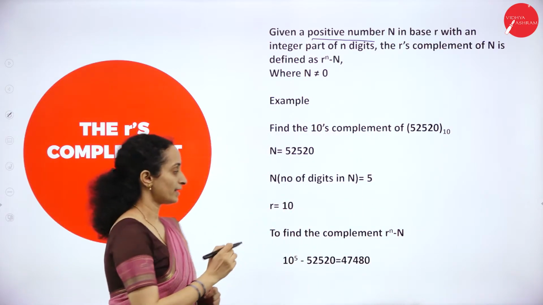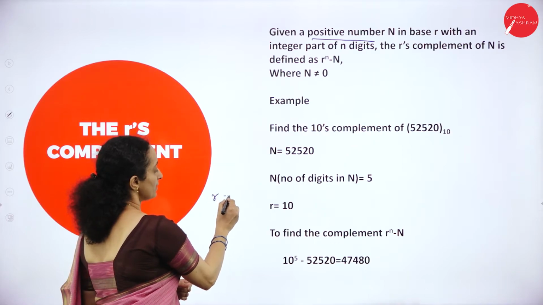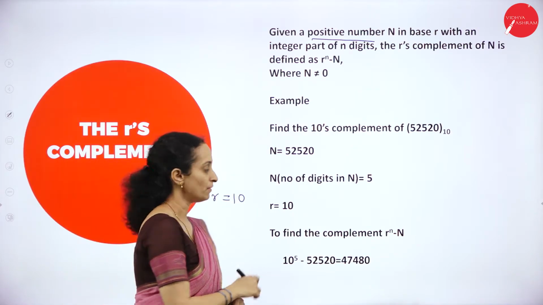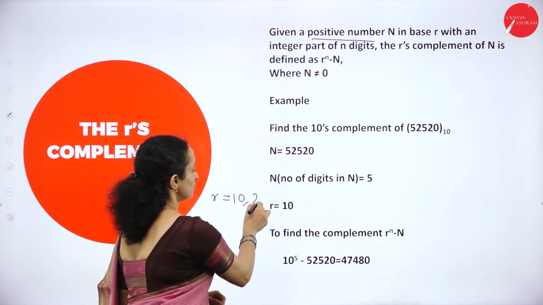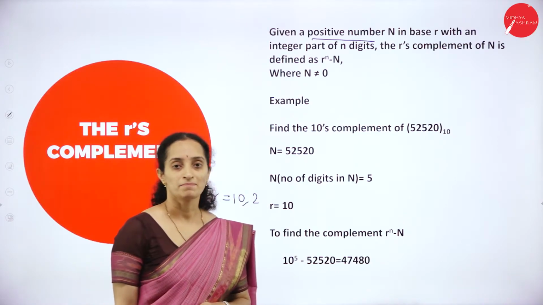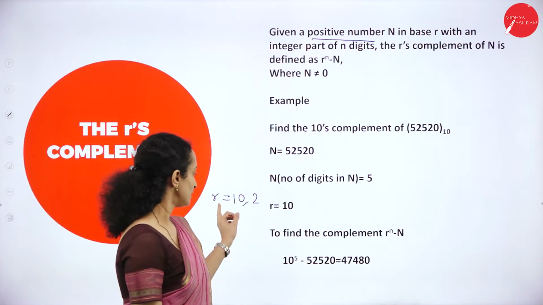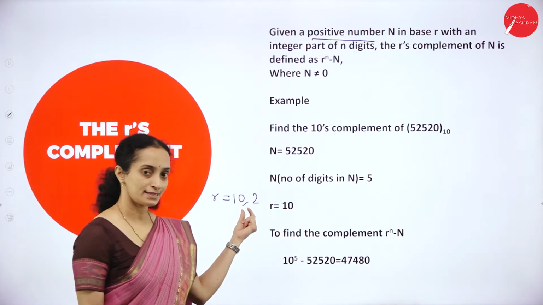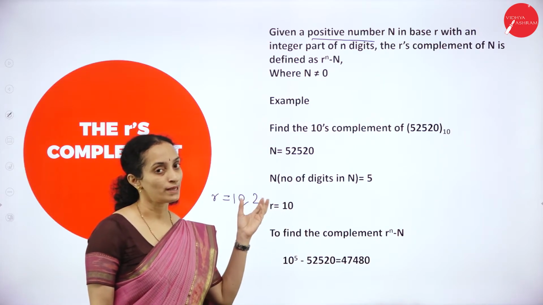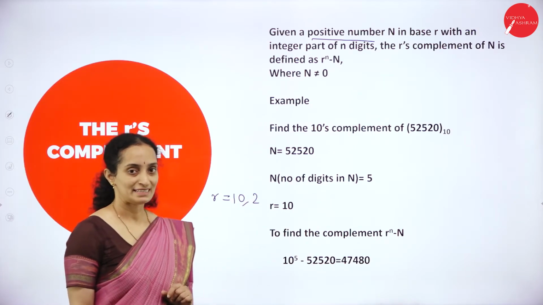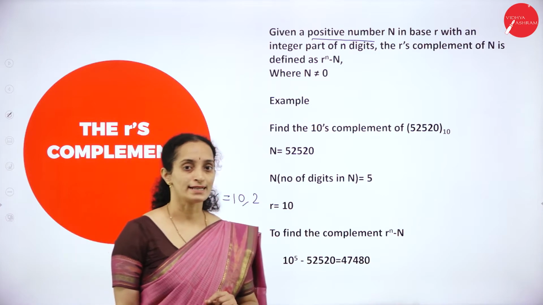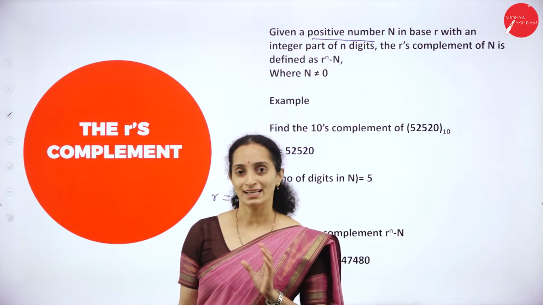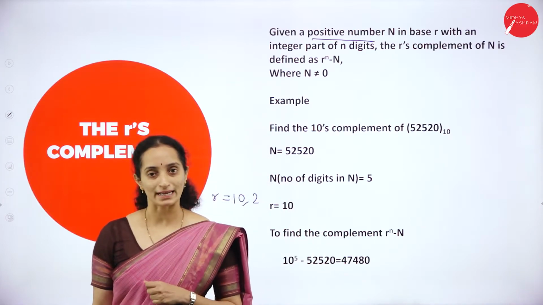Suppose R can be either 10 in a decimal system or 2 in a binary system. R will represent 10 or 2 based on the value you have given. How do you complement a number?